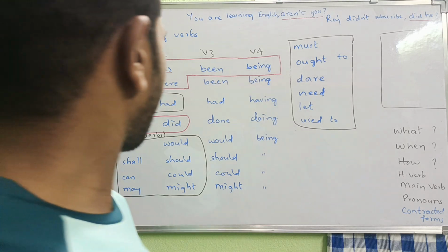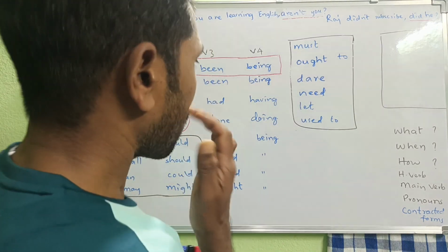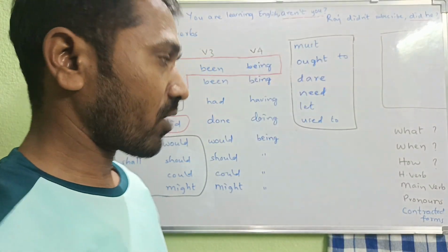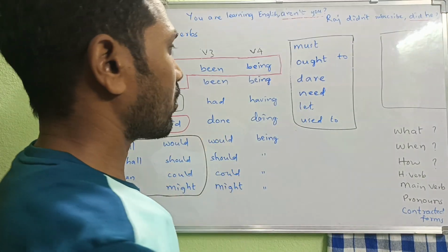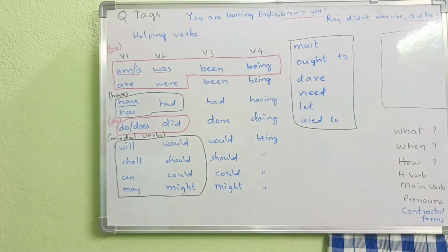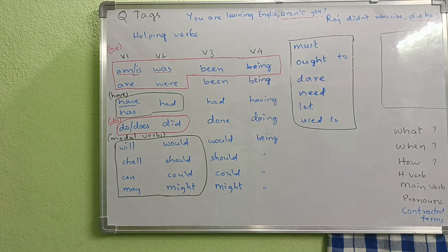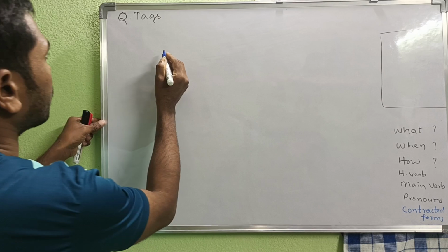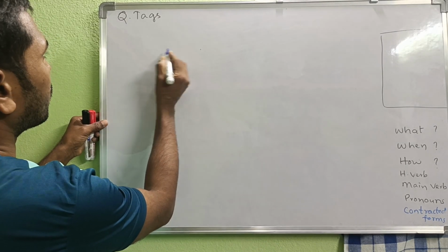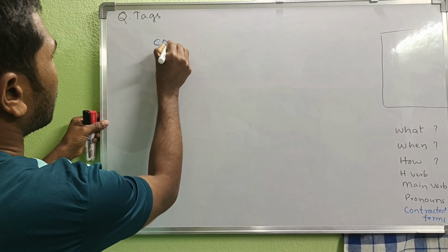Why do we need to know these helping verbs? We use them as contracted forms. Contracted forms mean shortcut forms.